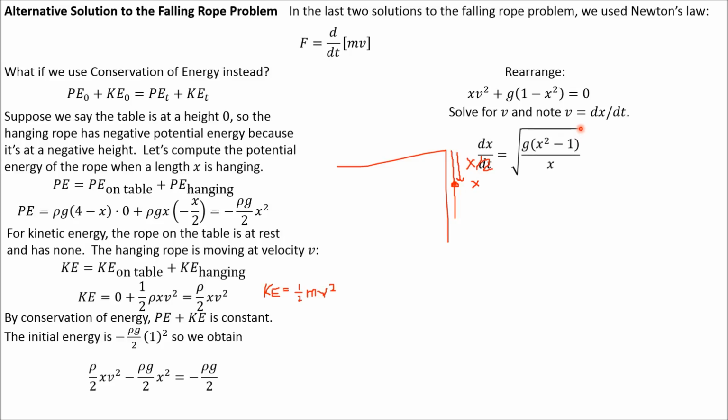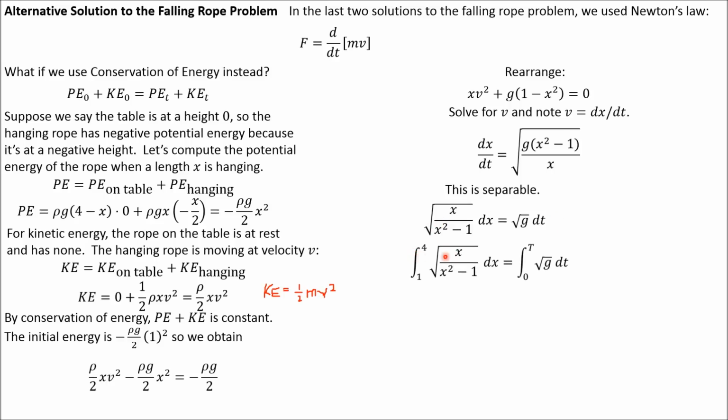and we get, let me erase that now because it's in the way. Great. So I solved for v, and then noted that v is the same as dx over dt, and we get this expression. And we just bring all the x's over to the left-hand side and all the t's over to the right-hand side, and we get this.